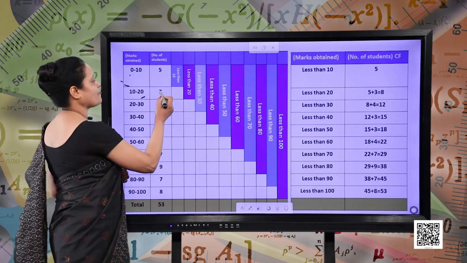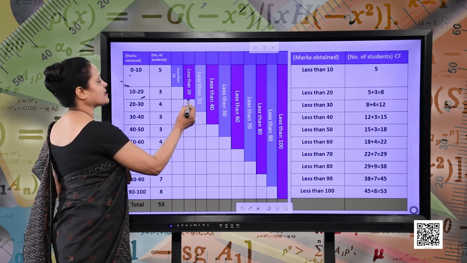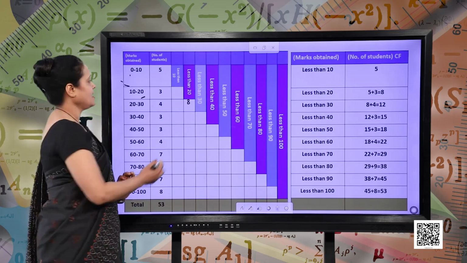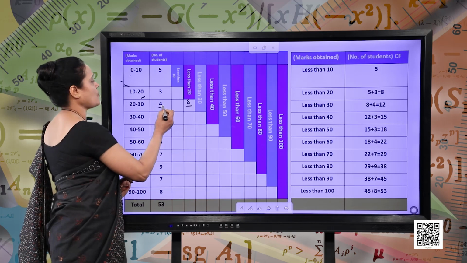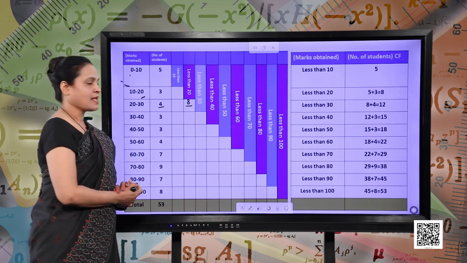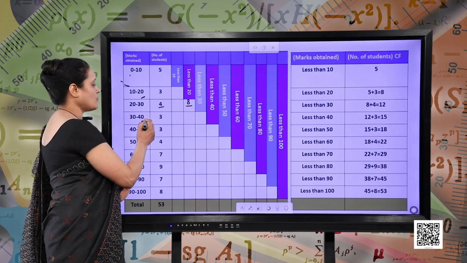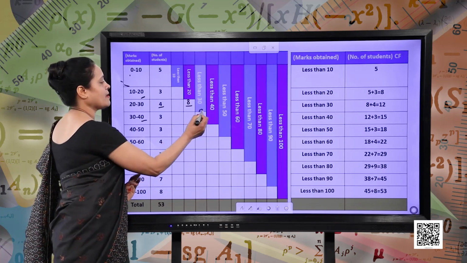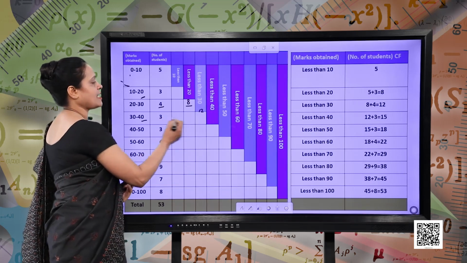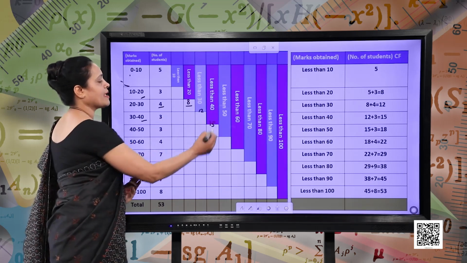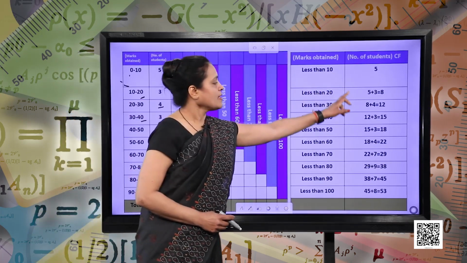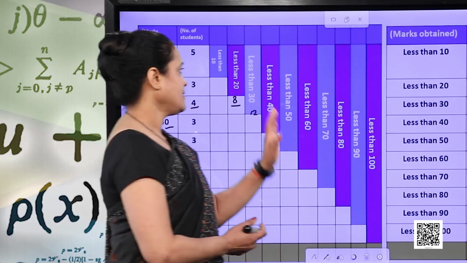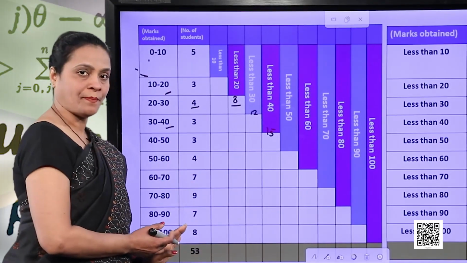So, it will be 5 plus 3, that is 8. How many students have scored marks less than 30? It will be 8 plus 4, that is 12. How many students have scored marks less than 40? It will be 12 plus 3, that is 15. So, we can form this cumulative frequency distribution table of less than type taking the frequencies.